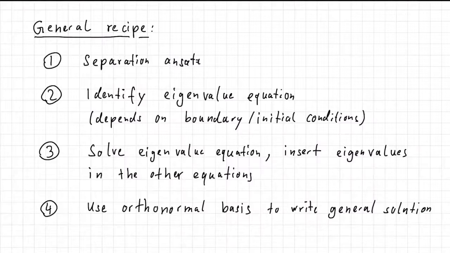That really depends on the boundary or initial conditions. In our case, it was quite natural that we had to use the equation for phi as our eigenvalue equation. Then we solve this eigenvalue equation, insert the eigenvalues into the other equation and solve that one too. And then you have all the special functions.